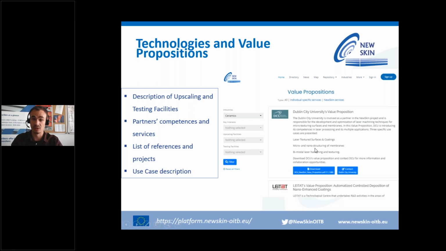So the NewSkin partner will receive an email indicating that you sent him an email through this platform. So it can also be easier for you to contact an organization and a specific person who's in charge of developing the value proposition and the technologies.